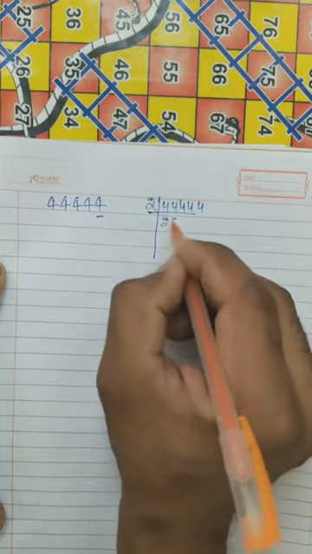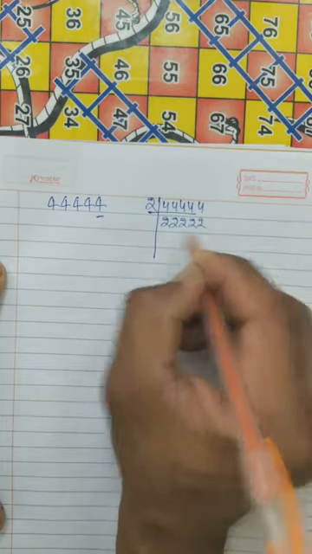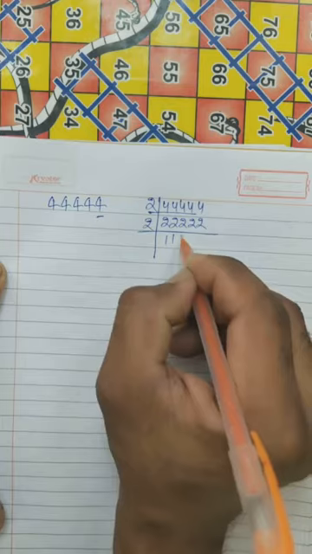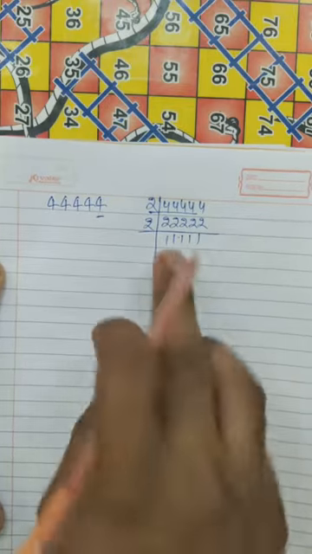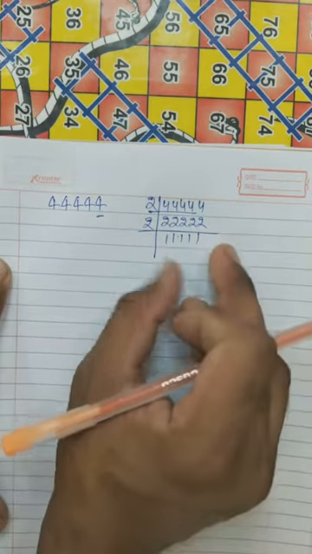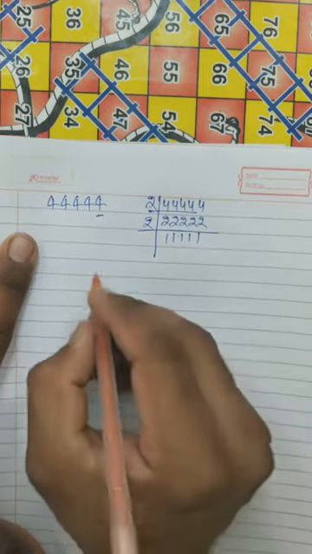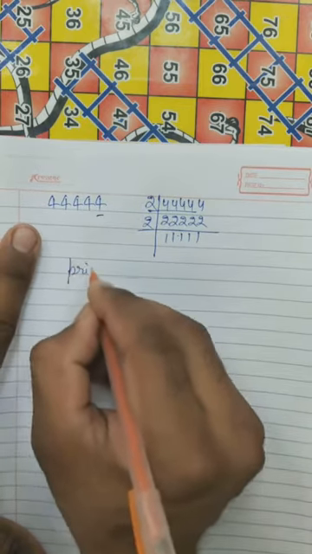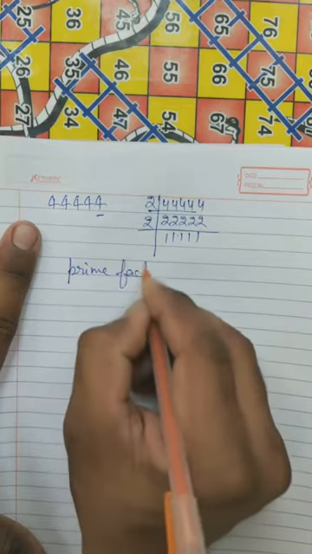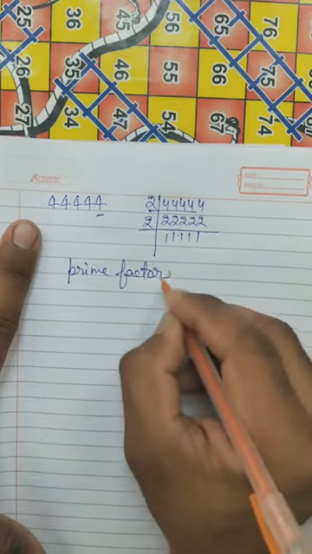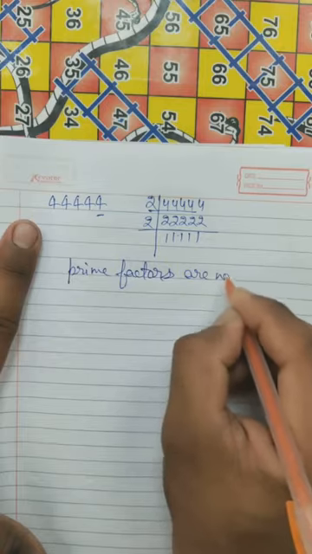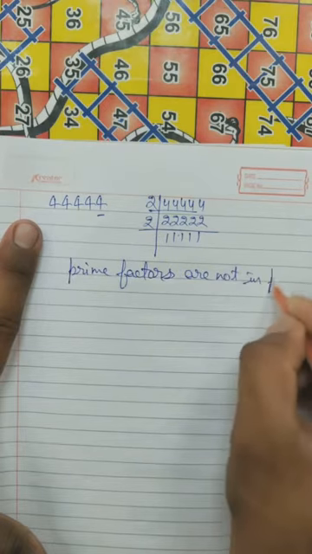This is 2, 2, 2, 2, 2. Then again 1, 1, 1, 1, 1. This is a prime number. Also, if we try with a prime number, we will get prime factors that are not in pairs.